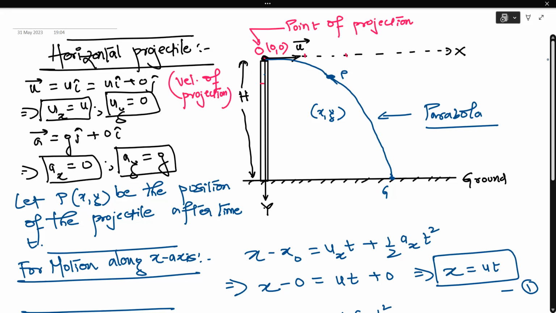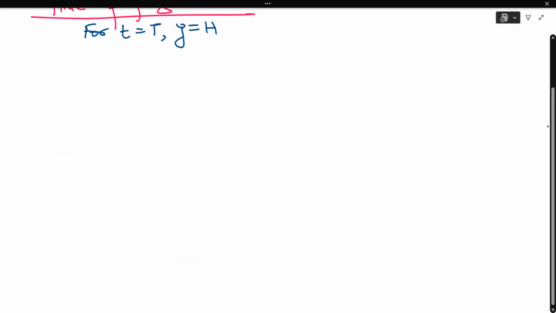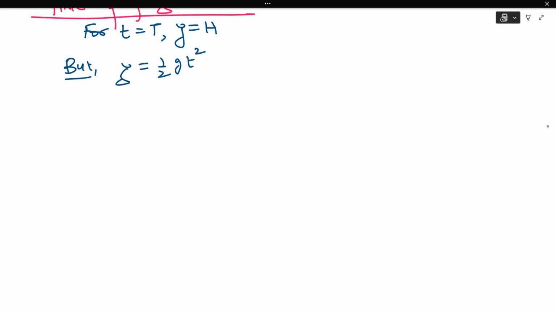And during this entire time, how much did it move vertically? H distance. So I can say that for small t equal to time of flight, y will be equal to h. But we know that y was equal to half g t square. Yes or no?